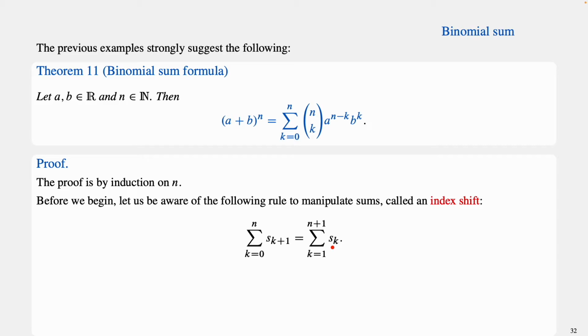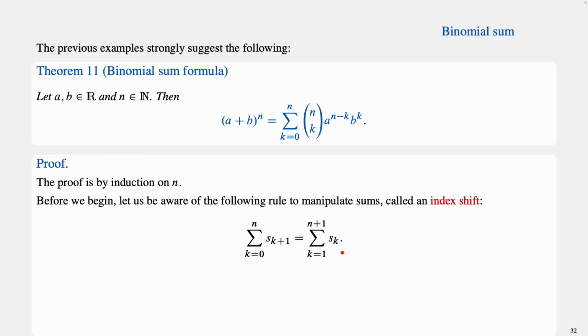You can in your mind quickly check that this makes sense if you take the first few summands in this expression. For k equal to 0, we start with s index 1, then for k equal to 1, we have s index 2, s index 3, and so on. And with the last index n, we arrive at s index n plus 1.